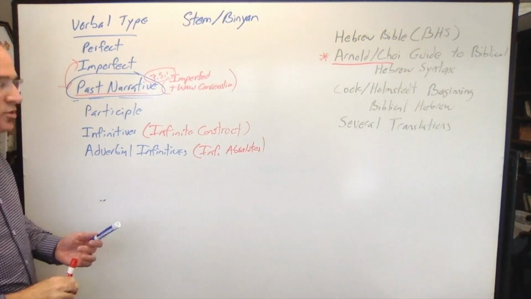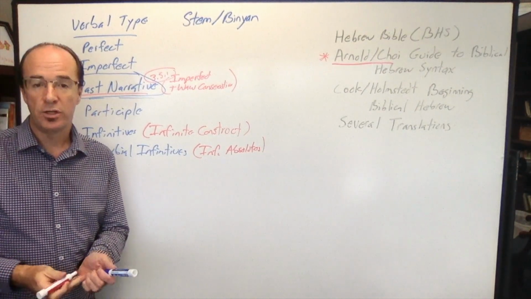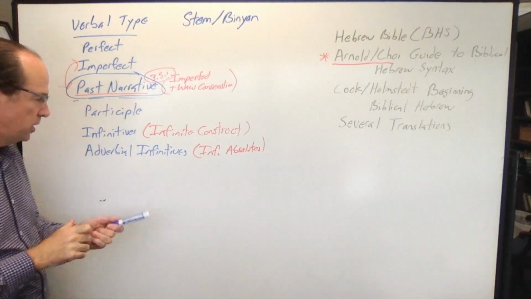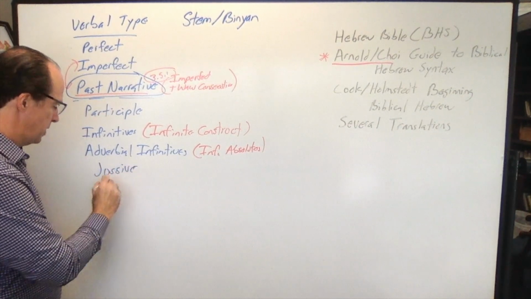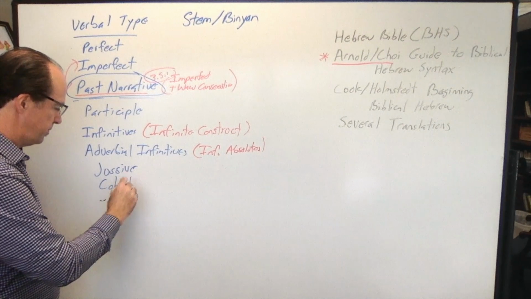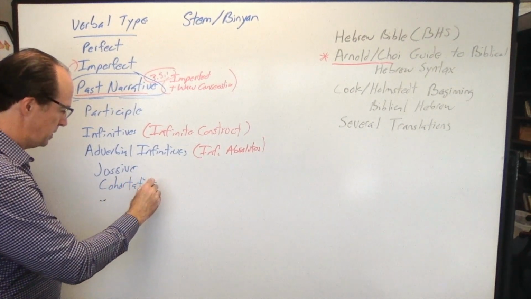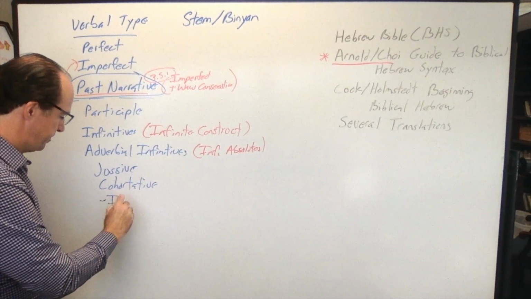Then you also have a series of verbal types that are used more as commands. This would include jussive, cohortative, and imperative.